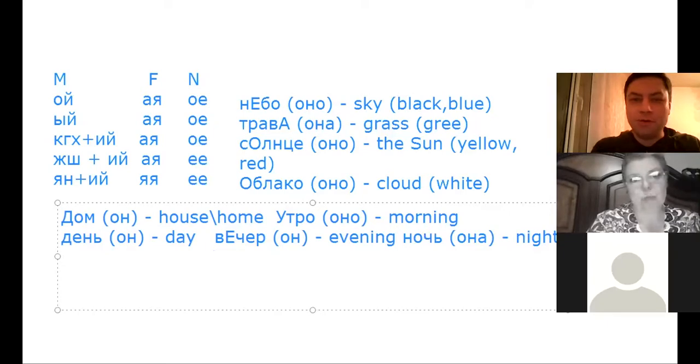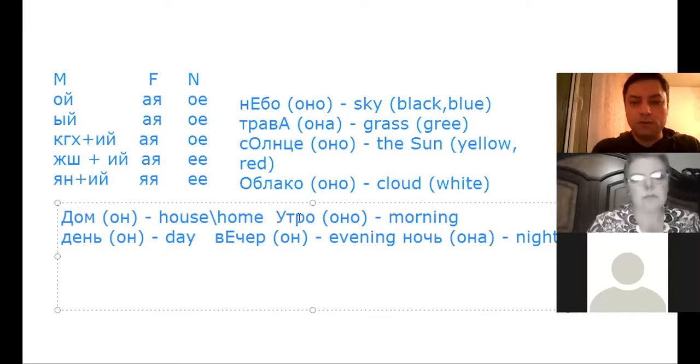You know, in Russian, sometimes you can guess the gender, and sometimes you can't. For these words, дом, утро, вечер, you can guess that дом and вечер are masculine because the last letter is a consonant.